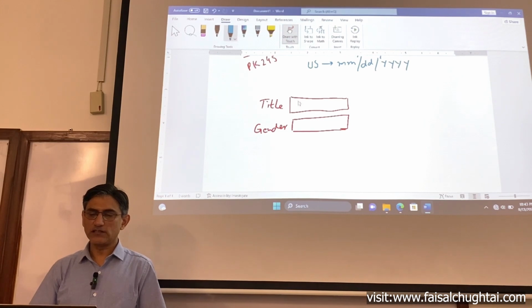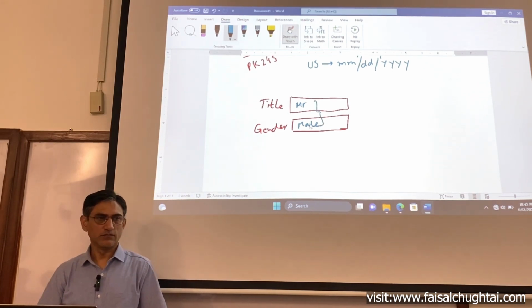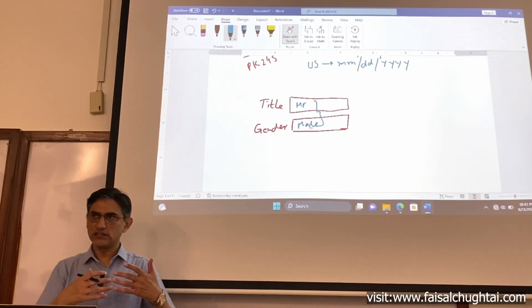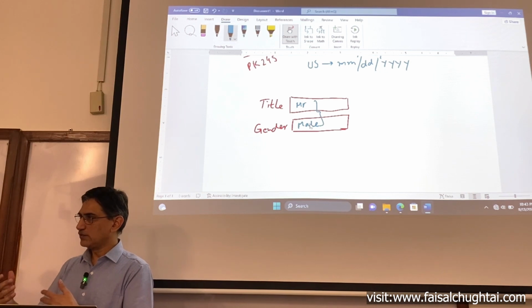If the person has entered the title as Mr., then a valid gender to be entered would be male. This is how these two are logically connected with each other and gives your data a certain kind of consistency in the way it is interpreted.